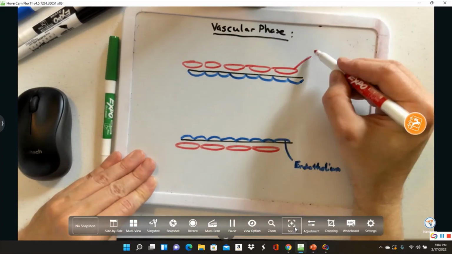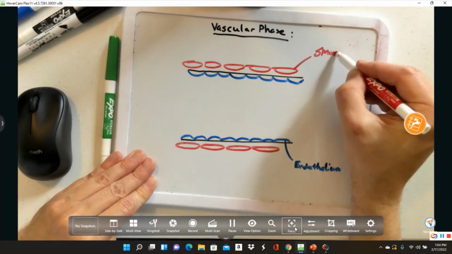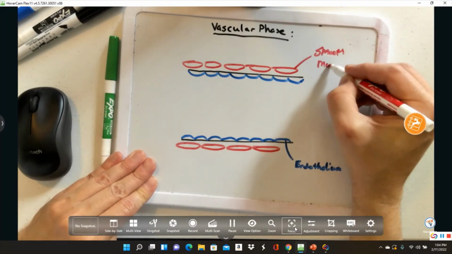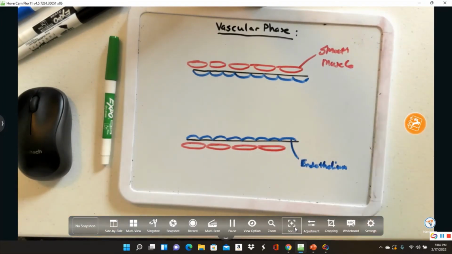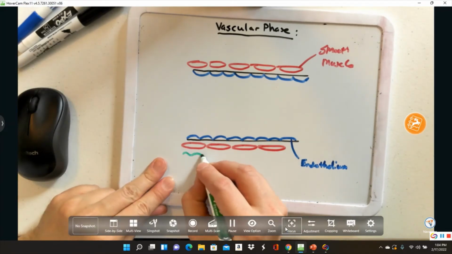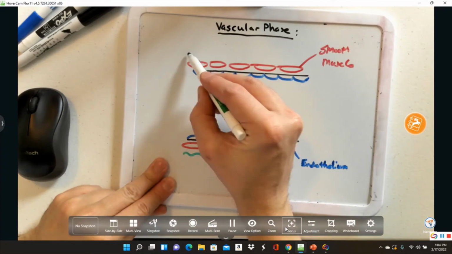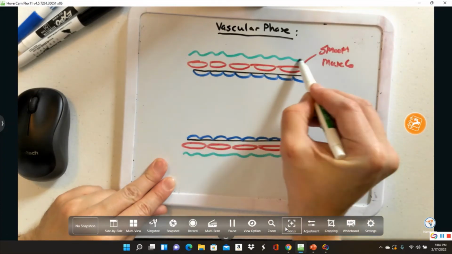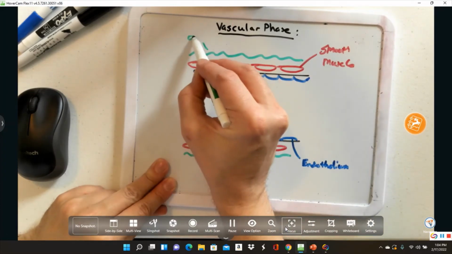We know we have smooth muscle, okay? Then what we're also going to have is a connective tissue layer, okay?